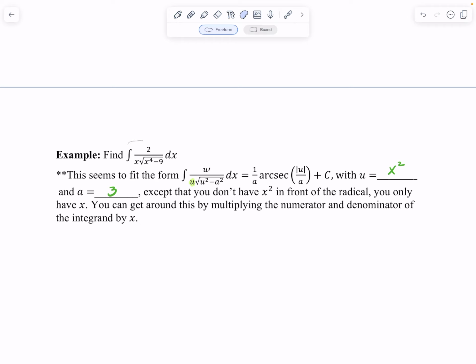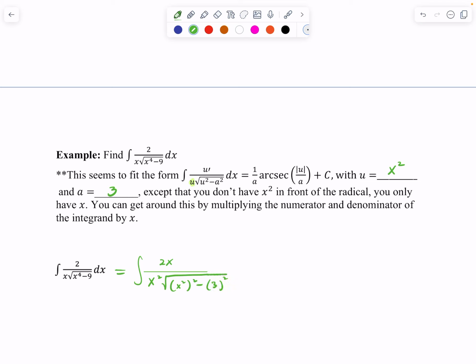I'm going to take this integral, okay, and we'll say that this ends up being equal to 2x over x squared times the square root of x squared squared minus 3 squared, just to have it in the form that's easily referenced.